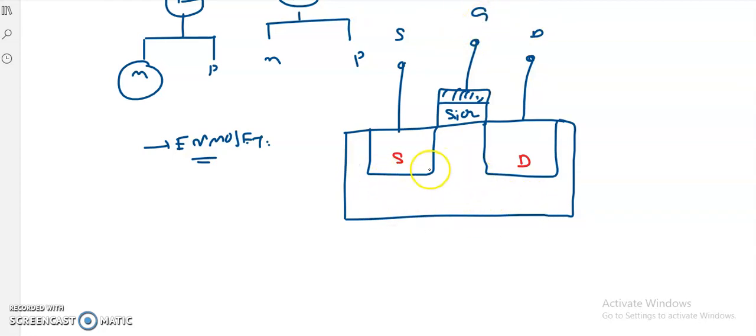And this entire region, apart from the source and drain, is the substrate, or we can also call it the bulk terminal. So totally source, gate, drain, and bulk. So it is a 4-terminal device.